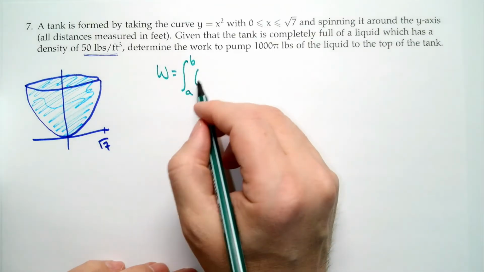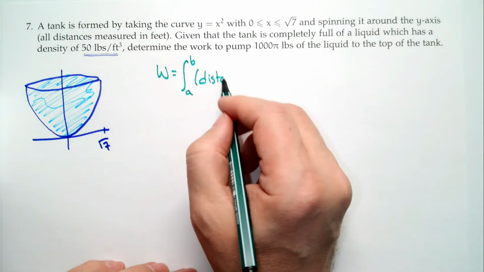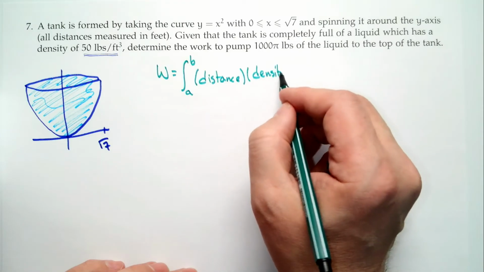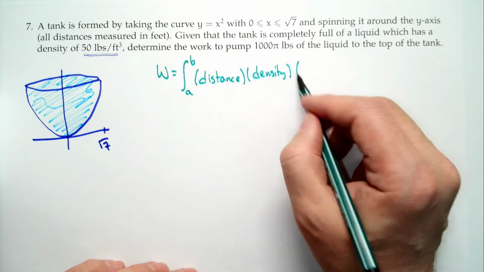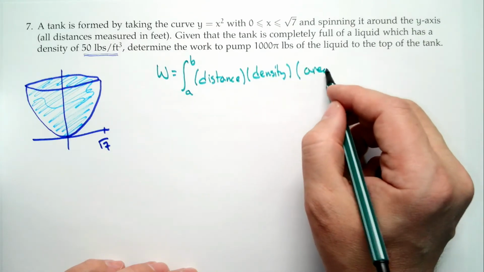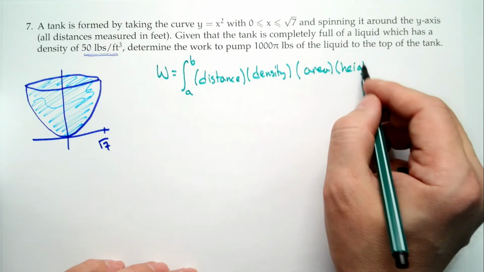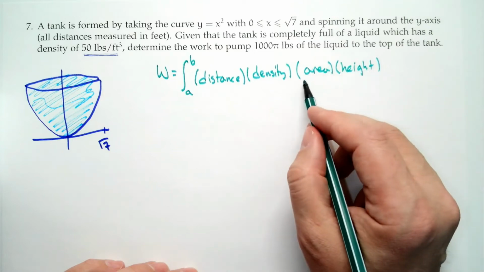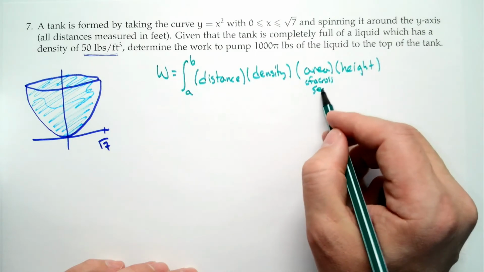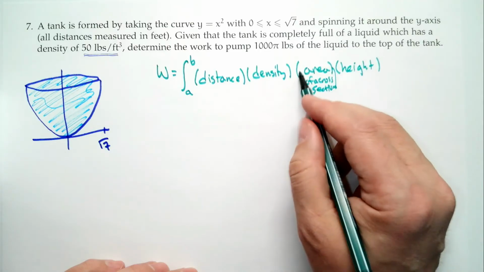So we would like to put the distance term first. Then we have the density term. And then we have a little volume. So we're going to do an area and a height. So when I talk about area here, this is the area of a cross section. So that's what we mean by an area.